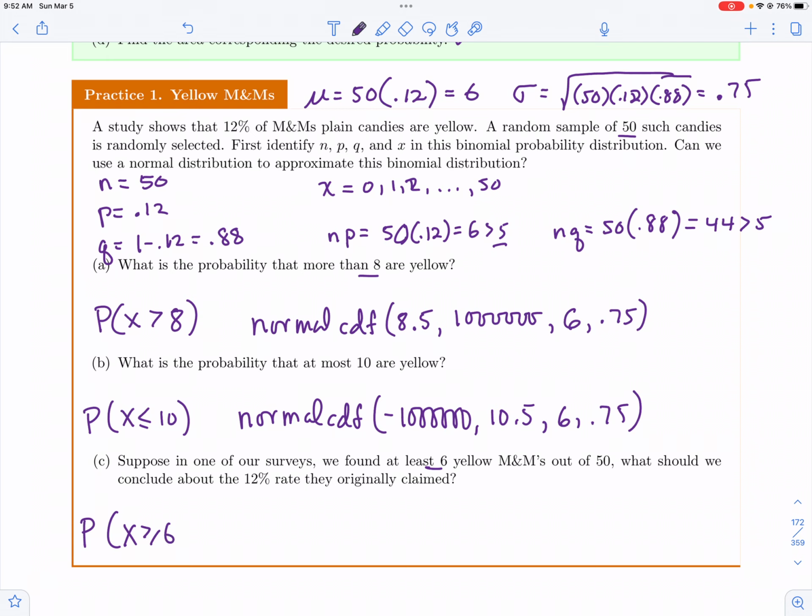So X is greater than or equal to 6. So if we do our normal CDF, 6 is going to be our lower bound, but we want to include 6. So we're going to drop down by a half to 5.5. And then some ridiculously big number, comma 6, comma 0.75.